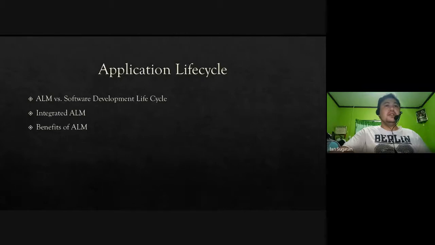By the way, application lifecycle management is the product lifecycle management, or the governance, development, and maintenance of computer programs. It encompasses requirements management, wherein we have the software architecture, computer programming, software testing, software maintenance, change management, continuous integration, project management, and release management.